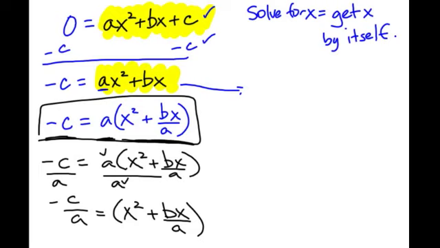And I am slowly getting rid of stuff around the x. You can see here I had an a with the x squared, now I don't. So let's continue. Negative c over a equals x squared plus bx over a.